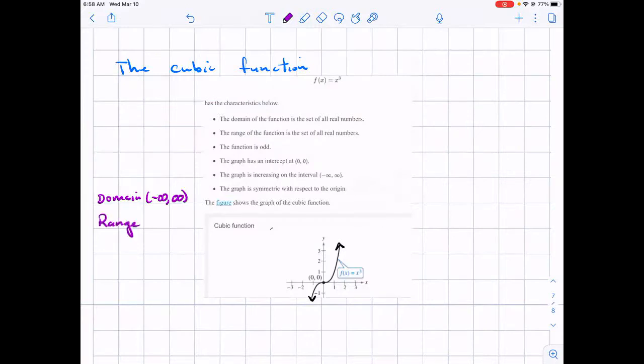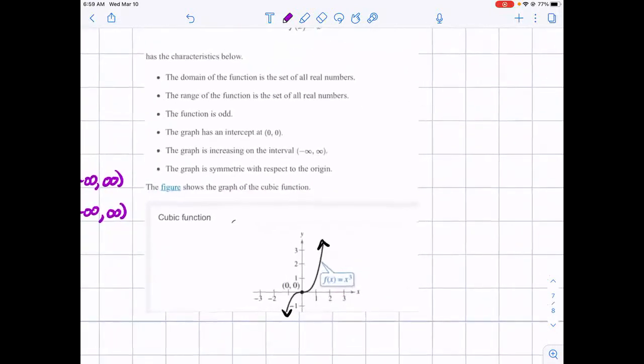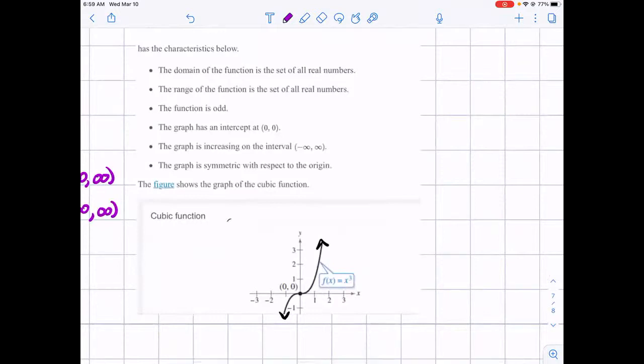The range is also minus infinity to infinity. The function is odd, meaning there's symmetry at the origin. It has an x-intercept at 0, 0 and a y-intercept at 0, 0, and it's increasing consistently. So these are the characteristics of the cubic function.